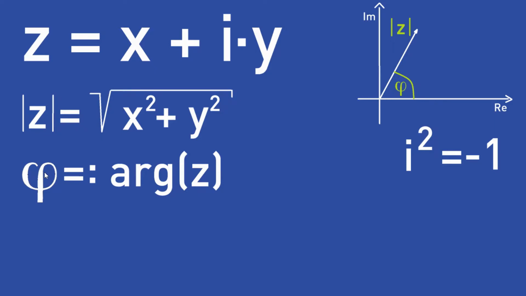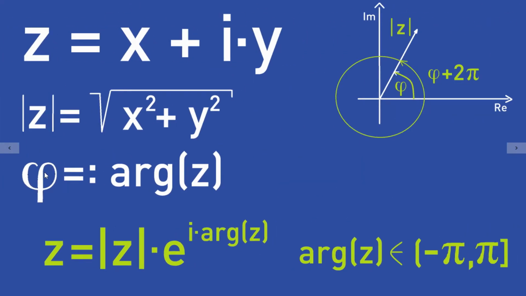Now you can write down z in polar coordinates, which looks like this here. z is equal to the absolute value of z times e to the power of i times the argument of z, which is this angle phi here.